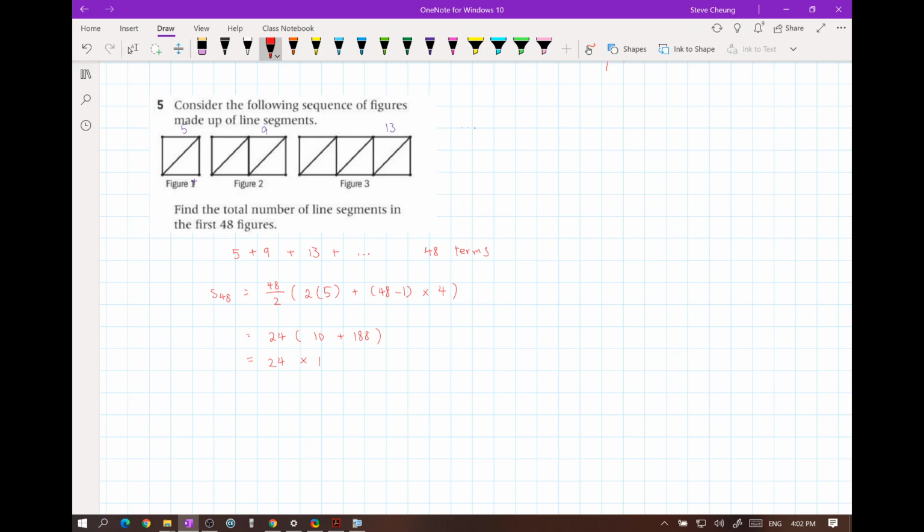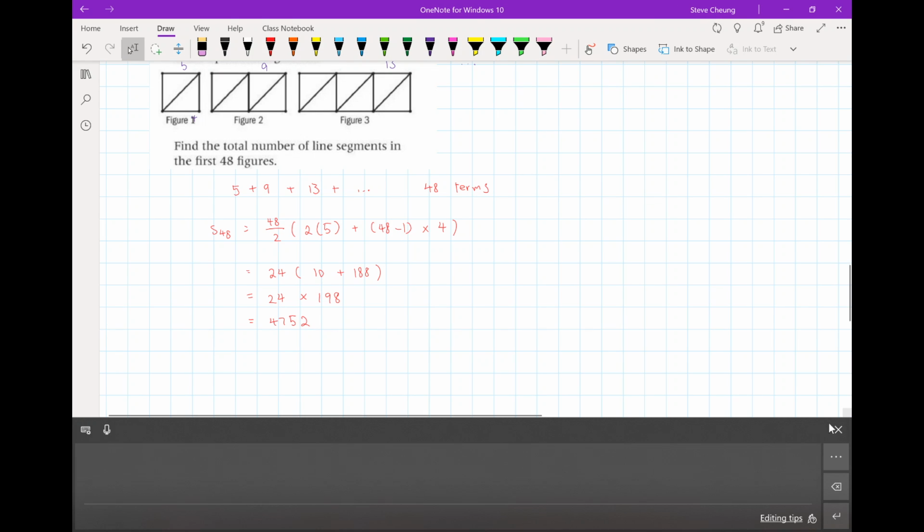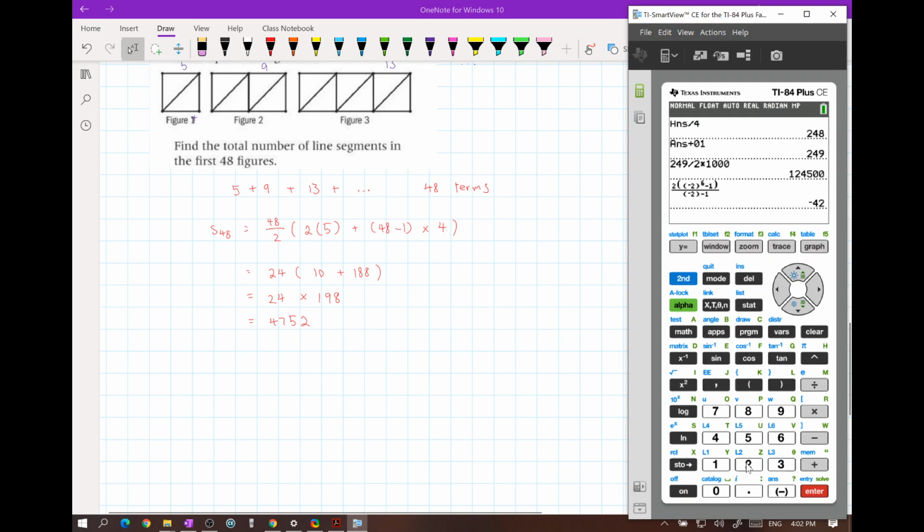This is 198. What I can do is multiply by 200 first and then take away 48, which is this number. But just to put it into the calculator and make sure: 24 times 10 plus 47 times 4.